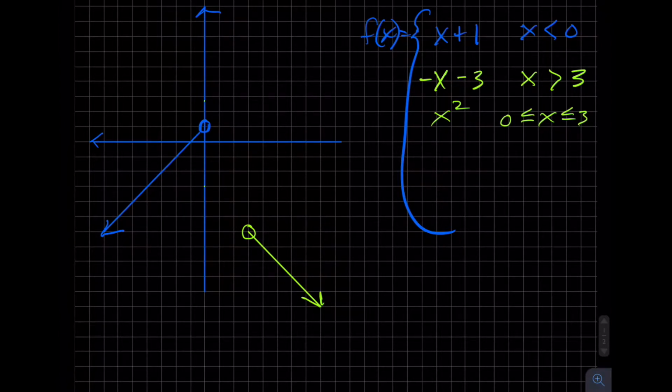So from here over to here, including 0 and 3, it looks like the parabola x squared. There's a point at 0, 0, a point at 1, 1, a point at 2, 4, and at 3 it equals 9. So it's all the way up here, and that's where we stop.